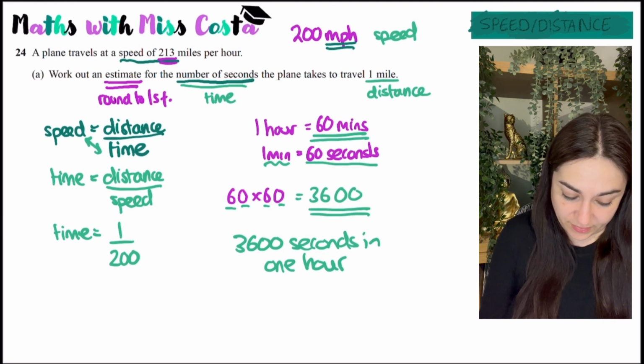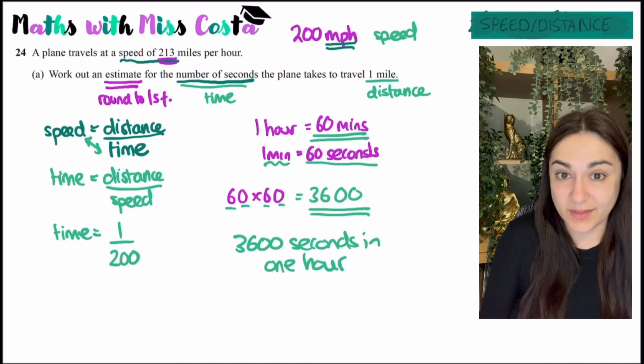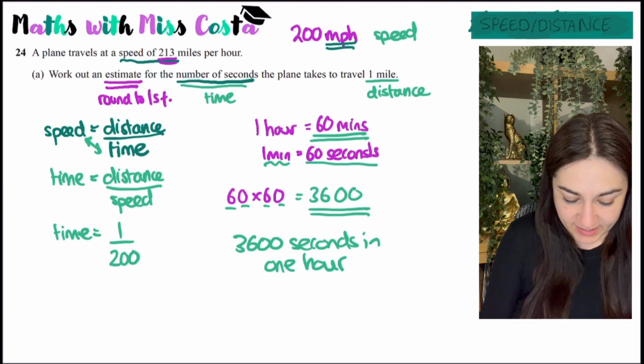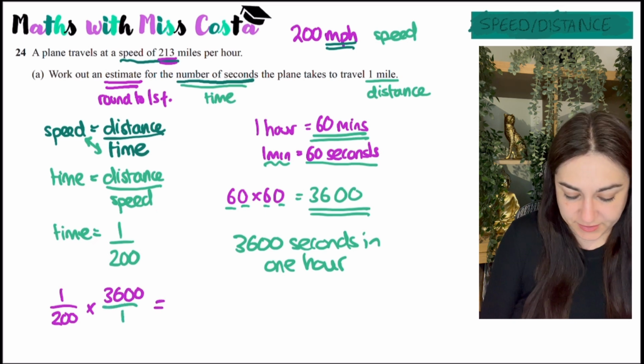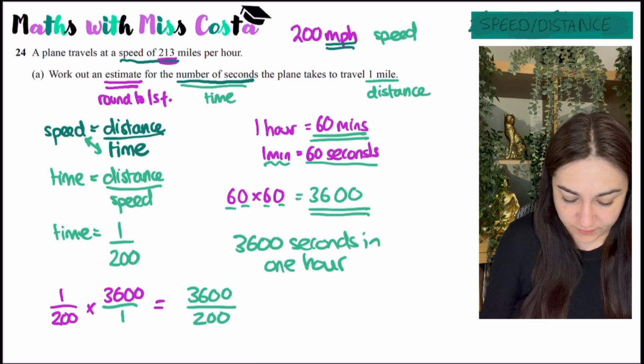So I know that this has been given to me as a fraction of an hour, and I know that in 1 hour there's 3,600 seconds. So I'm going to have to do 1 over 200 times 3,600. To turn any number into a fraction, I just write it over 1. So that would become 3,600 over 200.